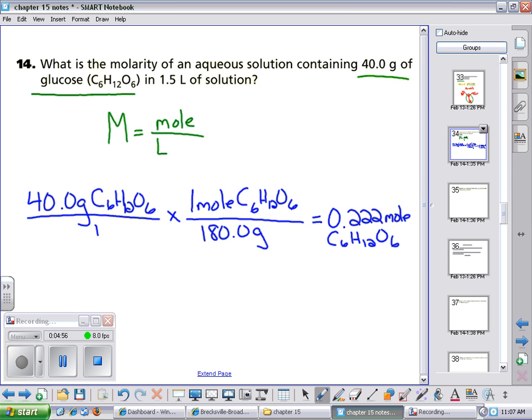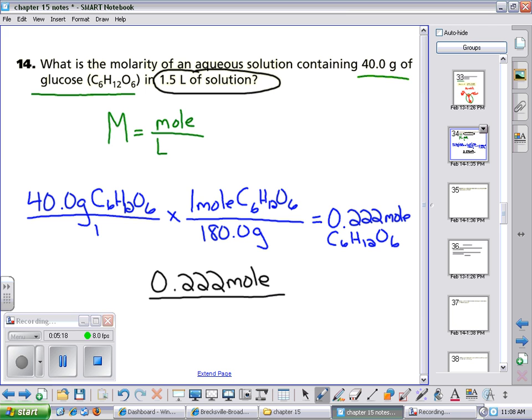All right, so our problem says in order to find the molarity, I have to take the moles, which I just found out was 0.222, and divide it by how many liters of solution. Well, it tells me up in my problem that I have 1.5 liters of solution.